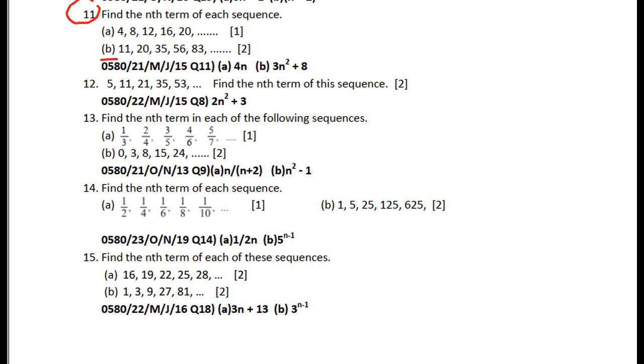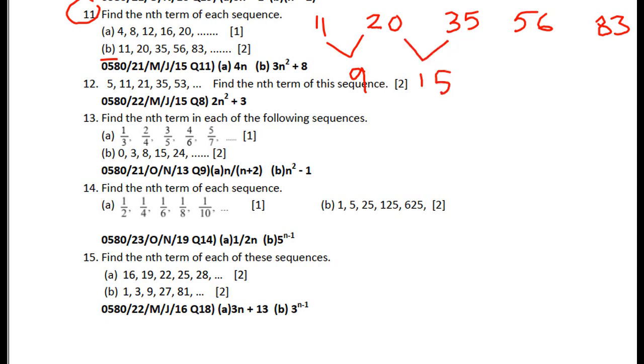Question 11, part B. 11, 20, 35, 56, 83. Now the difference between 11 and 20 is 9. Then it's 15.